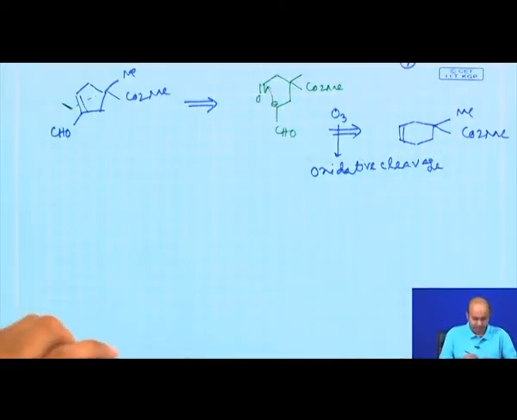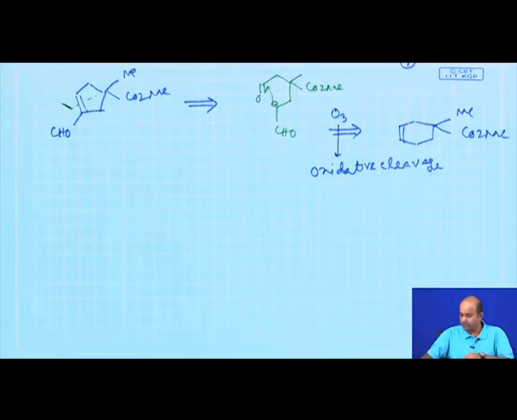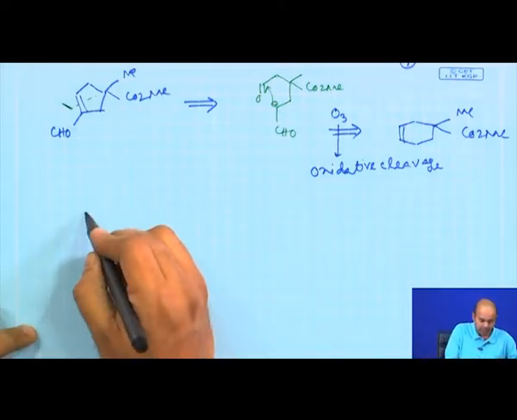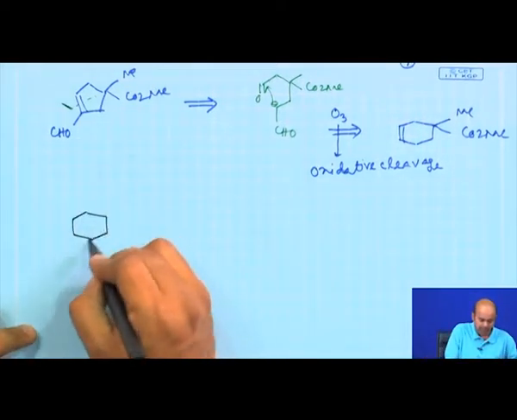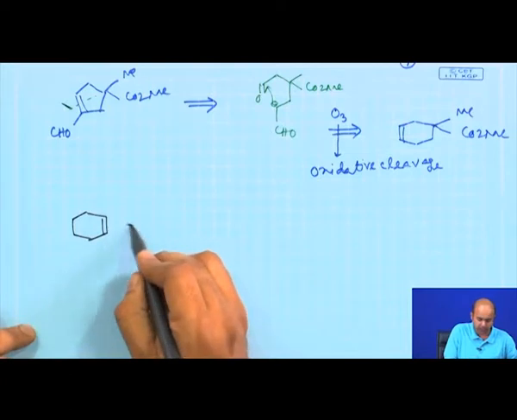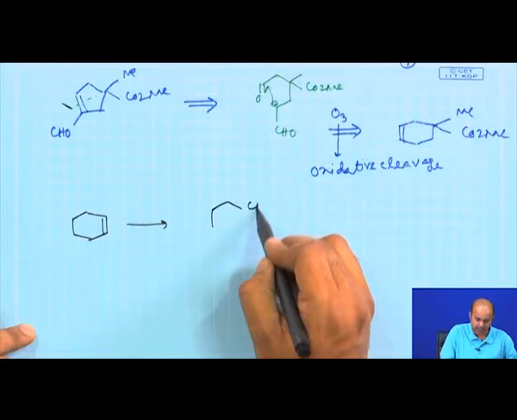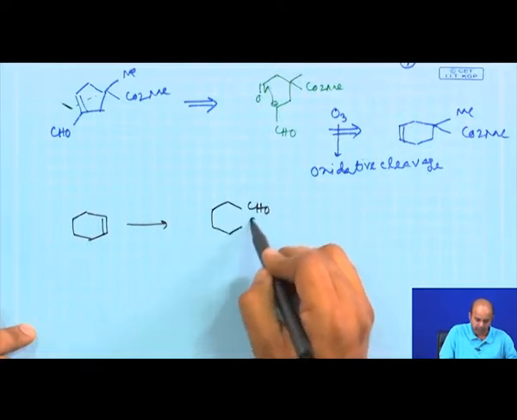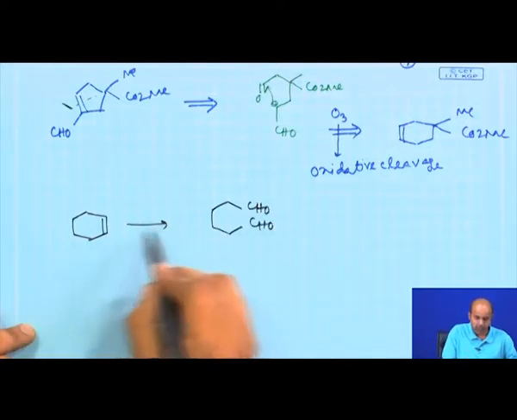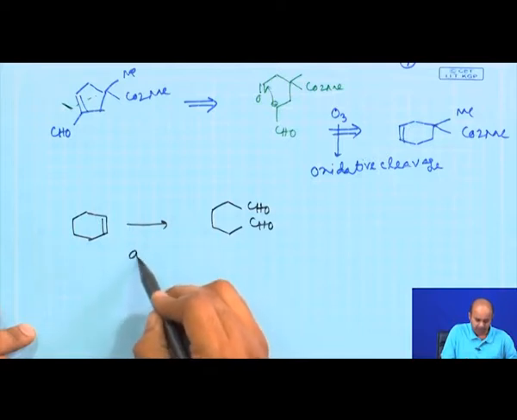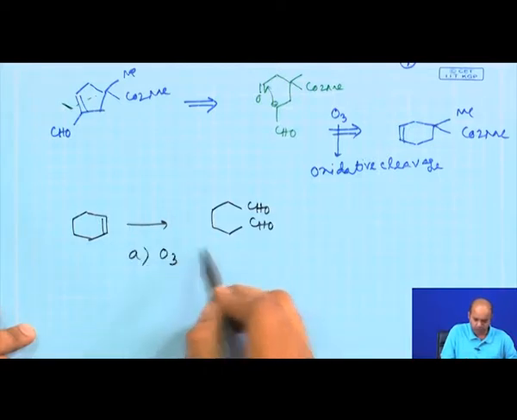This kind of reaction is fundamentally very useful, and you will find in many cases, if you have cyclic compounds, you want to cleave them to the corresponding dialdehyde. What reagents do you want to use? The best reagent is ozone, you can do an ozonolysis.